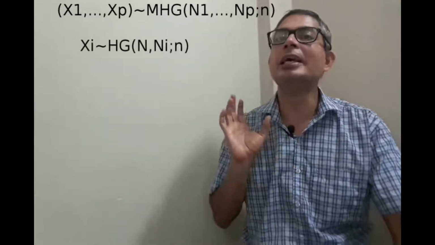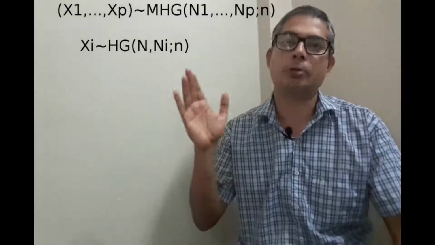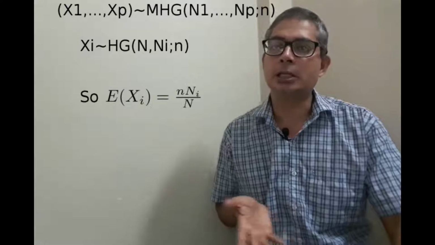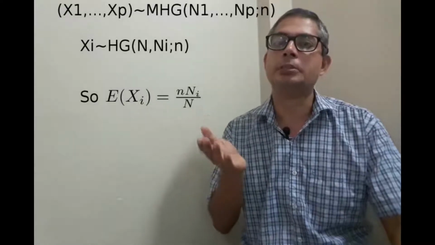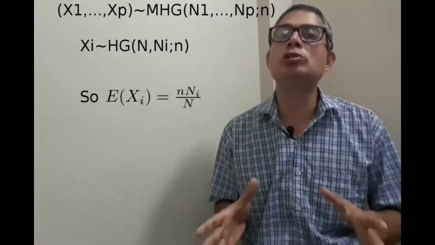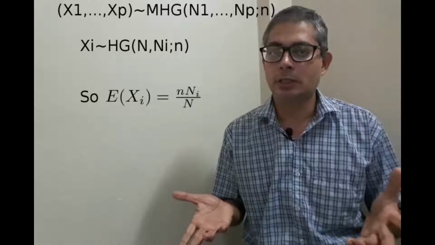If X1 to Xp follows multivariate hypergeometric, then marginally we have seen each Xi follows univariate hypergeometric with the corresponding Ni. So you can see the expectation should be simply n times Ni by N. Even if you do not remember the univariate hypergeometric mean, this is a natural guess.